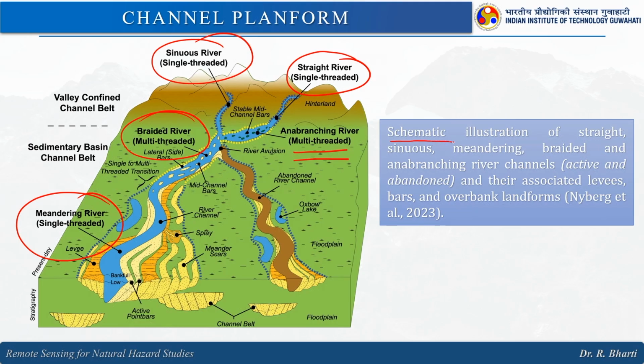It is a schematic illustration of straight, sinuous, meandering, braided and anabranching river channels, some of them active, some of them abandoned, and their associated levees, bar and overbank landforms. It is a very nice representation of all the different types of channel patterns, right.